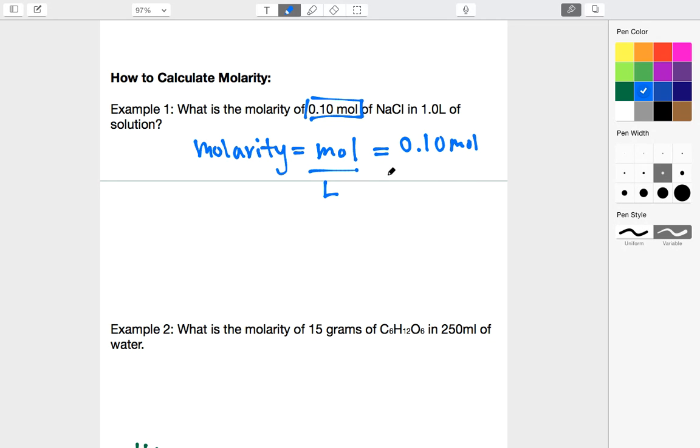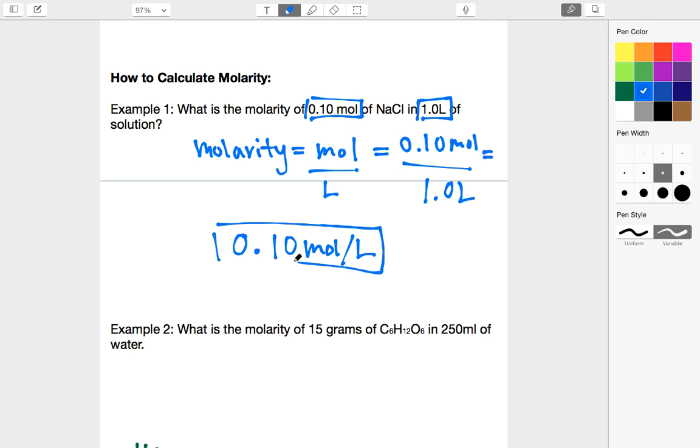And it's divided by the liters of solution I have. Here I have 1 liter of solution. That's the unit I need. Divided by 1 liter. If I take 0.10 divided by 1.0 liters in my calculator, I just get 0.10 moles over liters, which would be my final molarity.